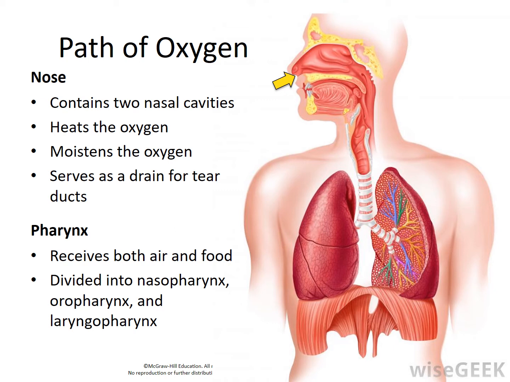There is something that I think is pretty interesting. Lining the nasal cavities, you actually see curled bones called the nasal conchae. What these are there for is to increase the surface area of the mucous membranes in the nose. The reason is because this will allow for greater heating and greater moistening of the air as it passes through.